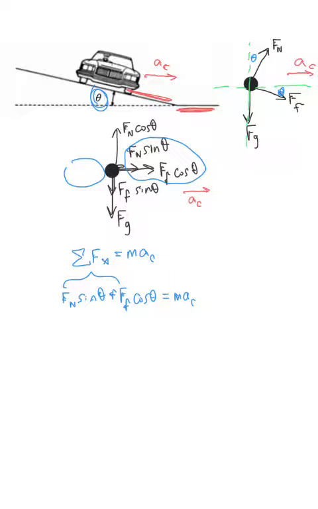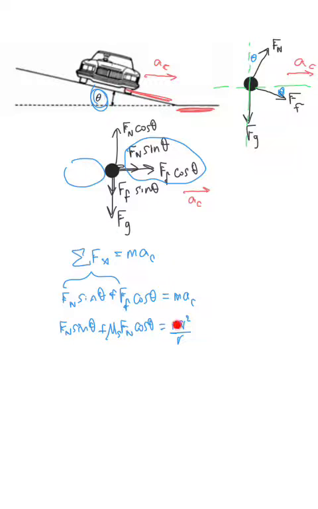And let's go ahead and plug in some formulas. We have a formula for the frictional force, and because you want the car to be able to drive as fast as possible, we can use the maximum static frictional force, and we also have a formula for the centripetal acceleration. So this will become Fn sine theta plus mu_s Fn cosine theta is equal to mv squared over r. And we can factor an Fn out of these two terms right here.